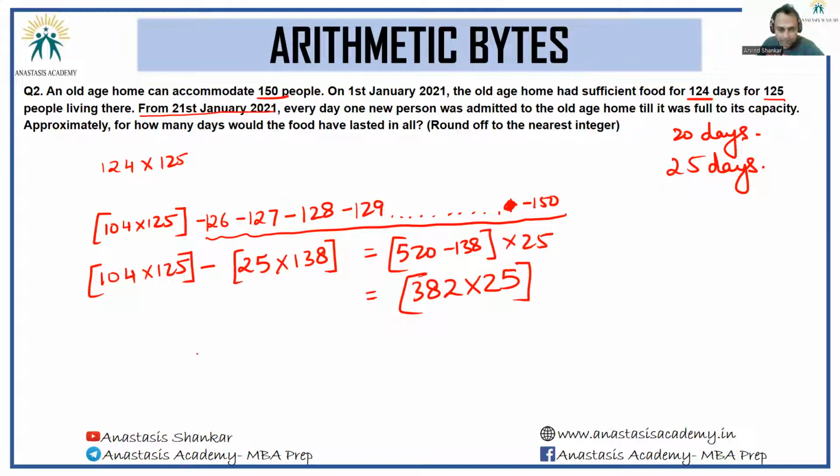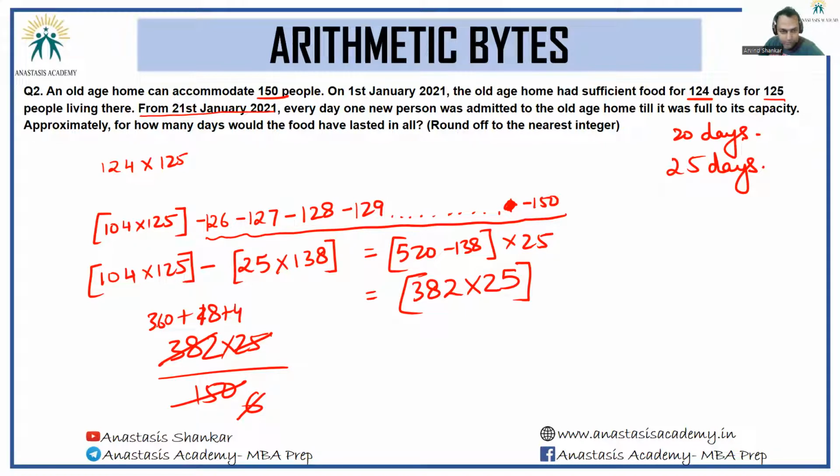If we have 150 people left, the food would last for 382 into 25 divided by 150. So cancel 6. This will give me, let me think, 360 plus 18 plus 4. So this gives me 60, this gives me 3, this gives me 6.66.